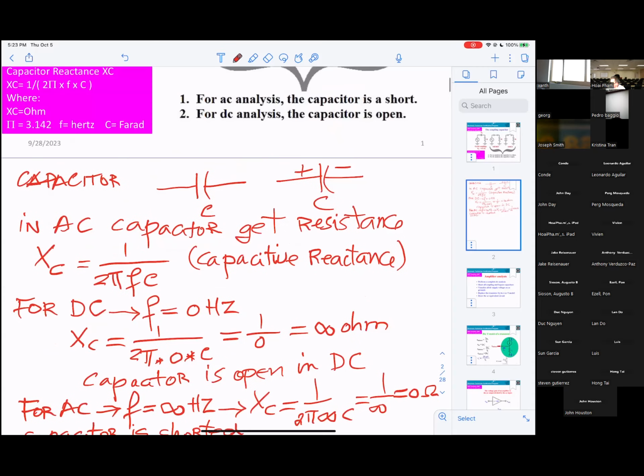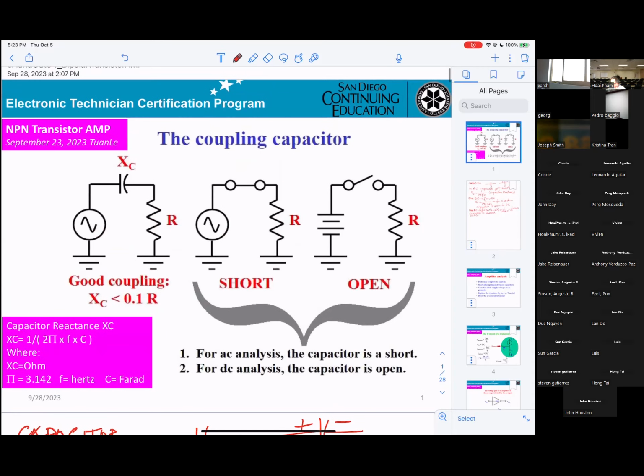So you know, in here you can see that the capacitor will be shorted, just like a wire. I just proved for you how. And they will be open for DC, okay?